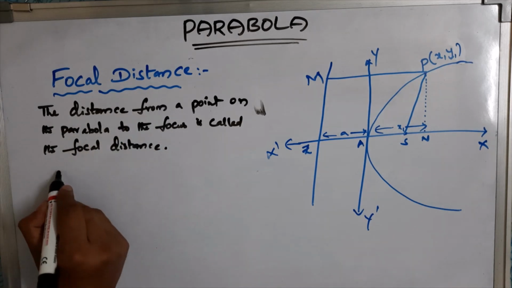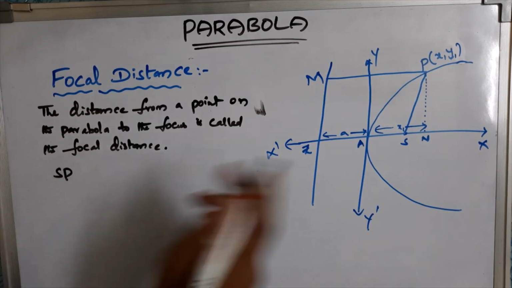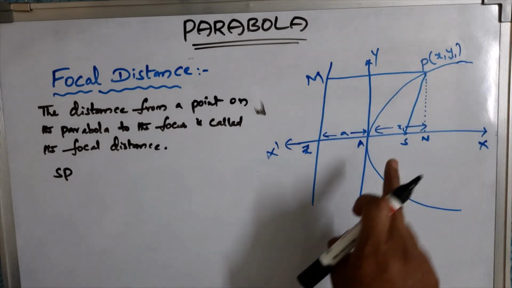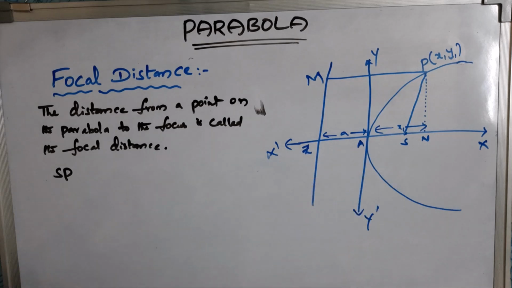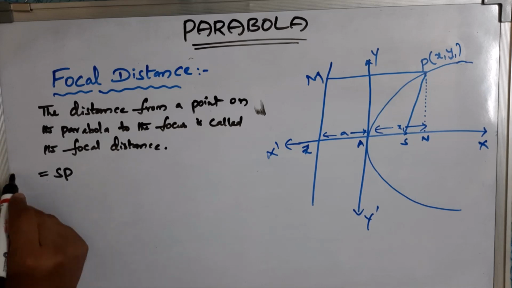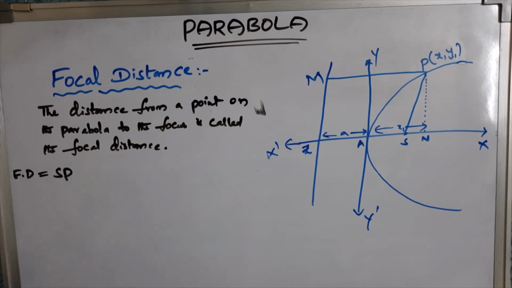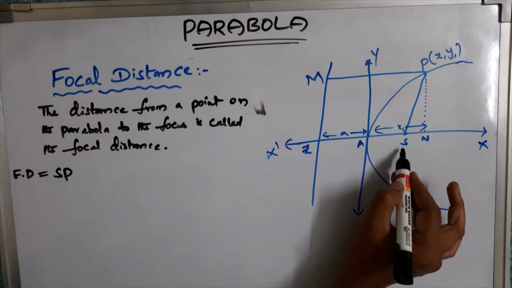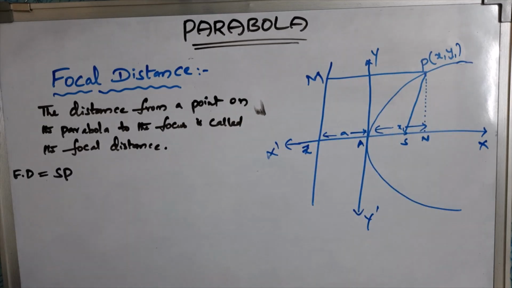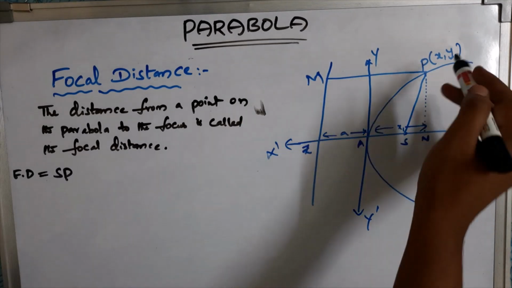So the focal distance is SP, from this point to the focus. Now you can see in the figure that S is the focus and P is a point on the parabola, that is (x1, y1).